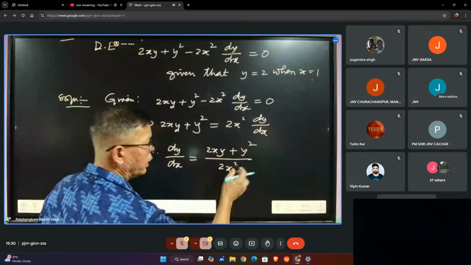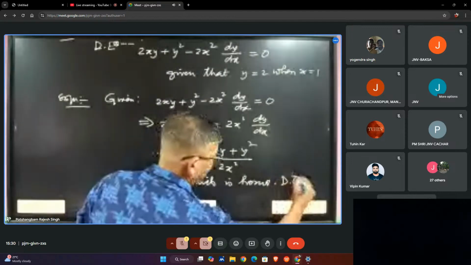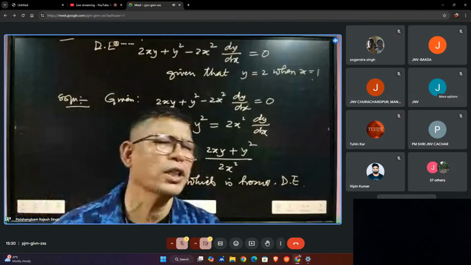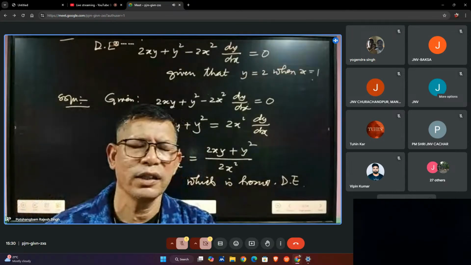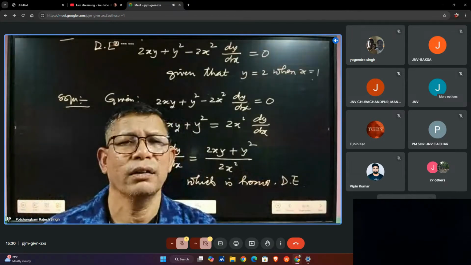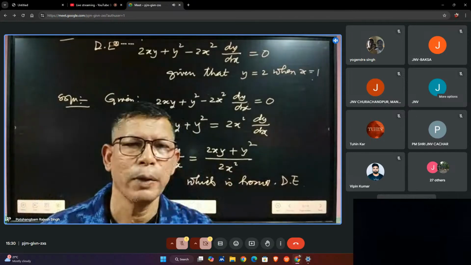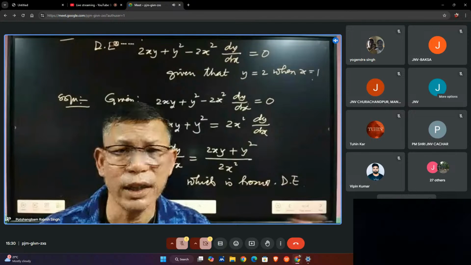So you can declare that this is homogeneous. Once you declare that this is a homogeneous differential equation and identify it correctly, you will be awarded a mark, as per the value points in the marking scheme.